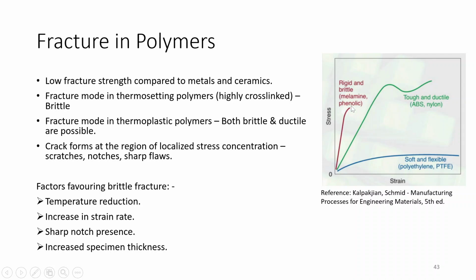It will have high elastic modulus, very low ductility, and very high strength. If your material has intermediate strength and intermediate ductility, then it will be tough and ductile. Some examples include ABS and nylon. In case of soft and flexible, you have polyethylene and PTFE.